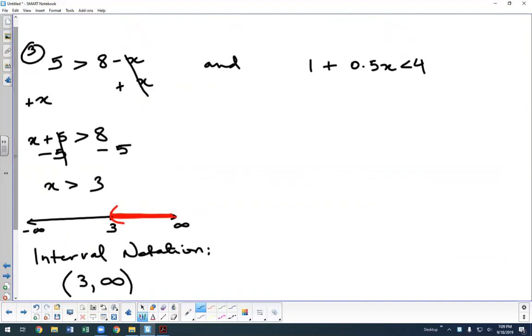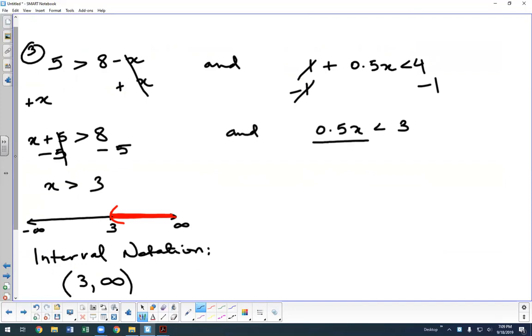Now let's see what's happening on the right-hand side. Where can we start with this? Subtract the 1, bring it over to the right-hand side, you will get 0.5x less than 3, and then what do we do?